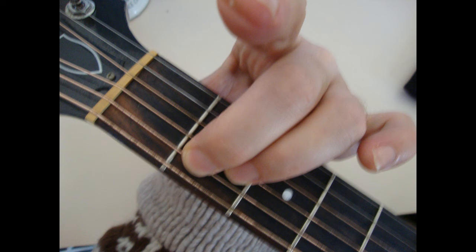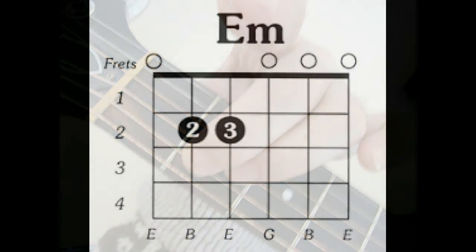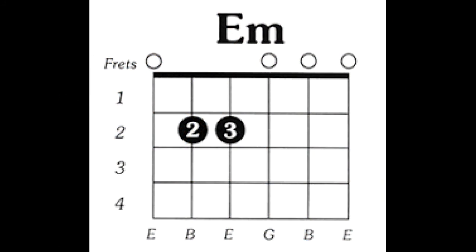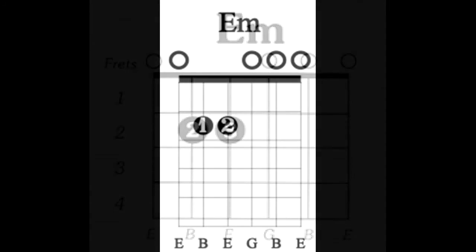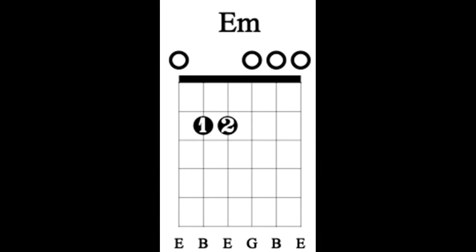The numbers you see in the dots tell you which finger they think you should use. Now, this one tells you to use your 2nd and 3rd fingers, which is what I usually use for E minor. But here's another E minor diagram which tells you to use the 1st and 2nd fingers. Really, it's up to you to find out what's most comfortable, and that might be different depending on what music you're playing and which chord you're going to go to after the E minor chord.